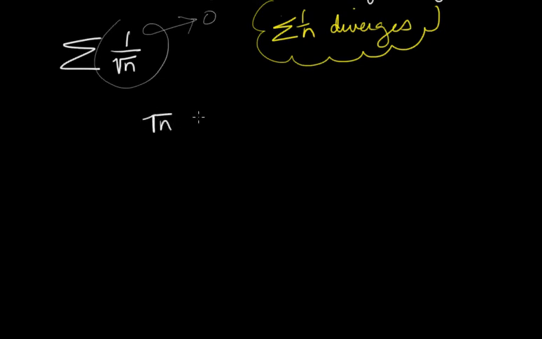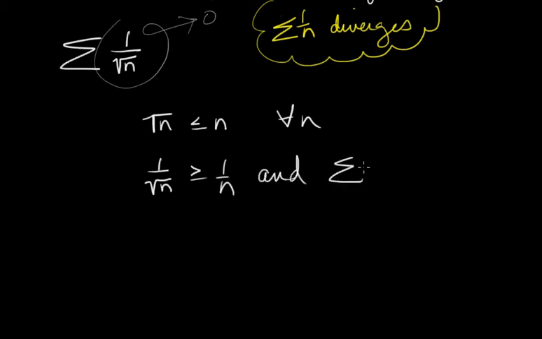The square root of n is less than or equal to n for all n. Therefore, and it's positive, I can take the reciprocals and get this relationship. And we know that the harmonic series diverges. We proved that.